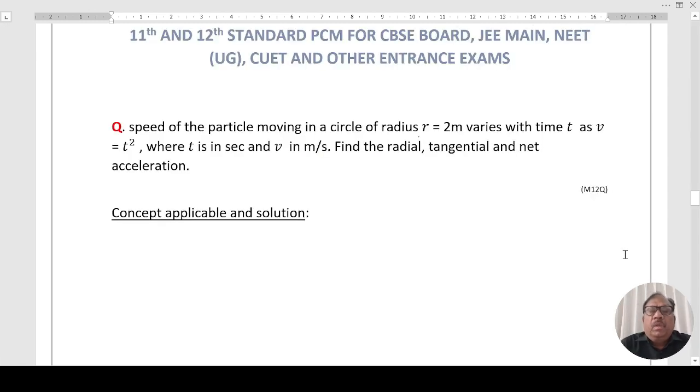Question is, speed of a particle in a circle of radius r equal to 2 meter varies with time as v equal to t square, where t is in second, v is in meter per second. Find the radial, tangential and net acceleration.